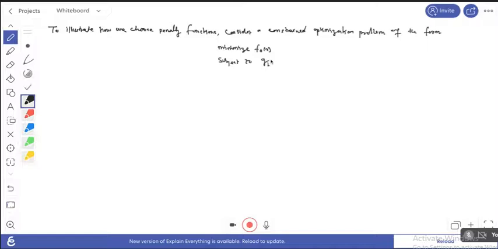g_i(x) less than or equal to 0. And here suppose there are n number of inequality constraints.